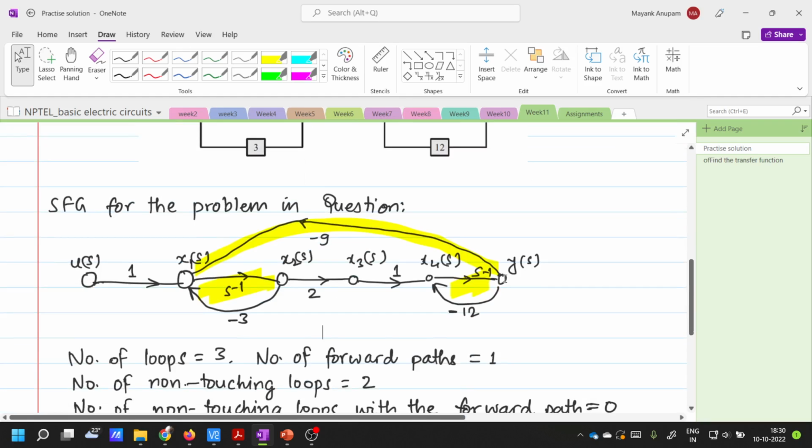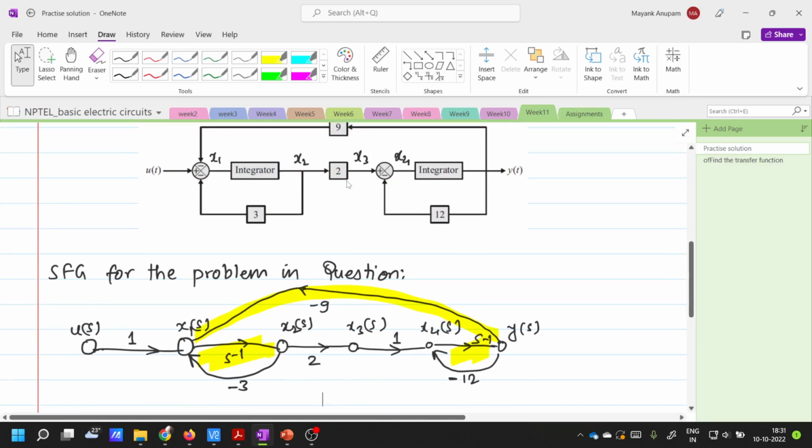So again we will multiply y of s by a factor -9 and then simply put an arrow here like this, okay? So all these three, y of s, -9 times y of s and -3 times x2 of s, are added here, okay? Fine. And this is x1.